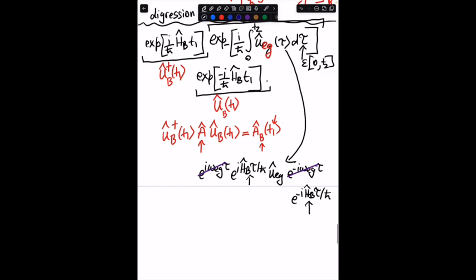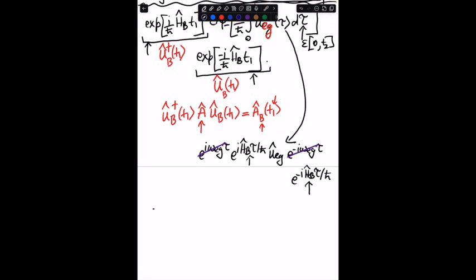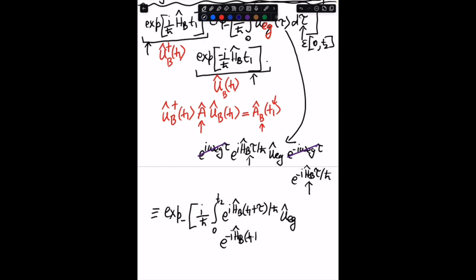So if you act with the exponential of iHb t1 upon ħ and minus iHb t1 upon ħ, what you effectively get is a negative time ordered exponential from 0 to t2 of e raised to the power iHb(t1 plus τ) upon ħ, μ_eg, e raised to the power minus iHb(t1 plus τ) upon ħ, and of course you have your dτ.